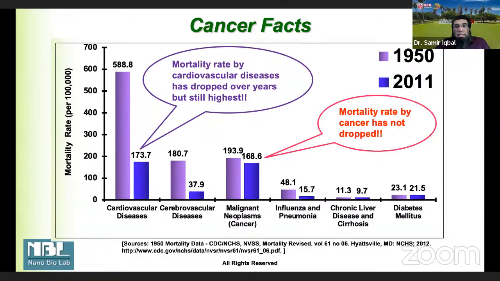But there are no similar affordable diagnostic platforms for cancer detection, especially at an early stage. We have maybe one or two tests, but if you look at the whole range, we are still way behind. Hence the death toll from cancer is way high.